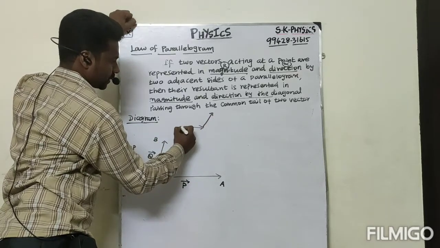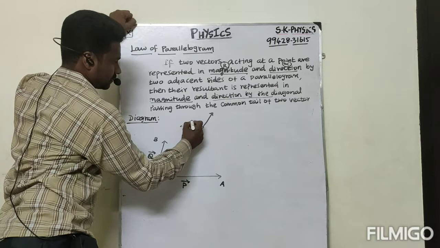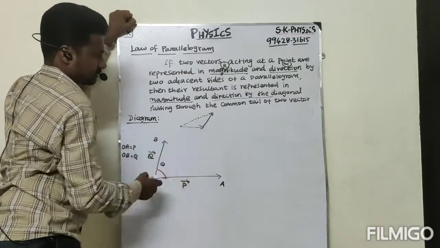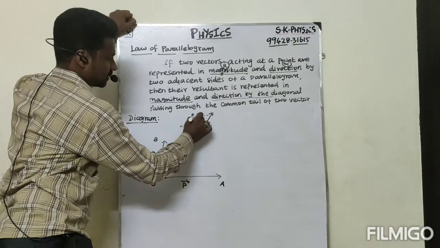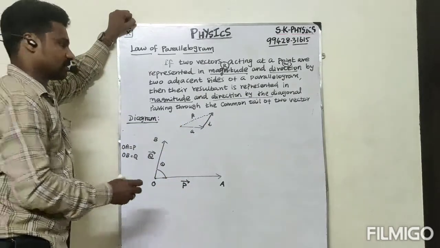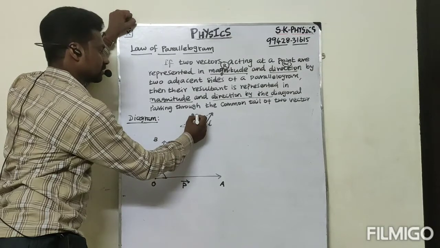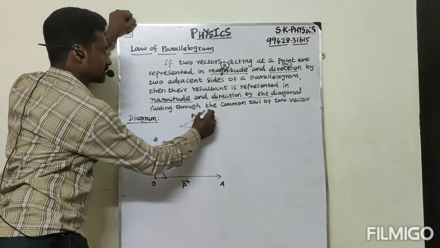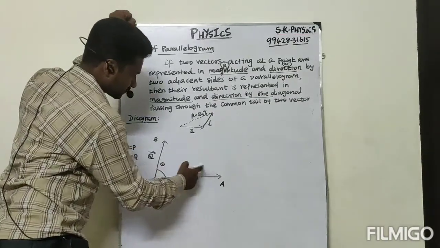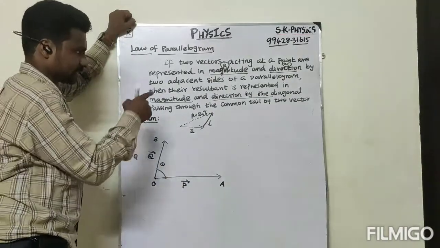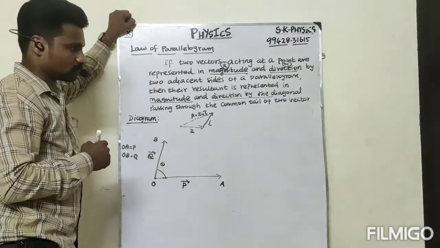Then finally we join the first vector's tail with the second vector's head. For example, this is A, this is B, and this is the resultant, A plus B. You remember that? One tail is connected with one head, that is the rule.